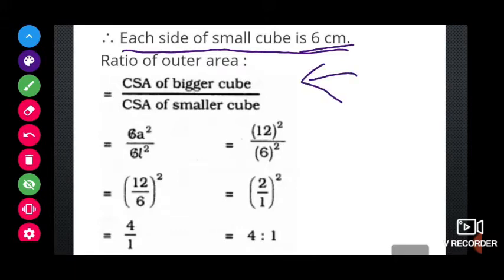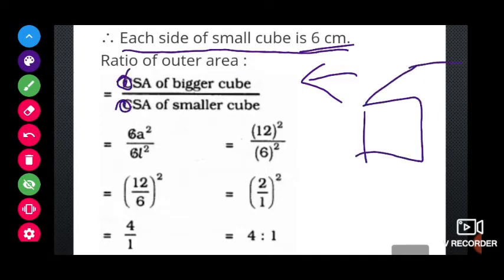Next, the ratio of the surface area of the bigger cube and the surface area of the smaller cube. How do we find it?